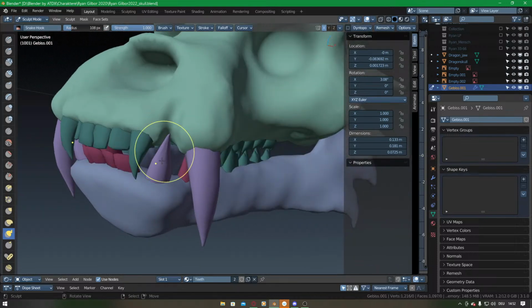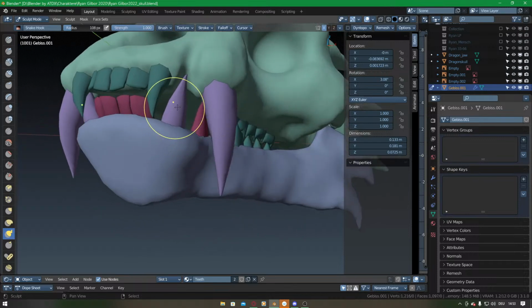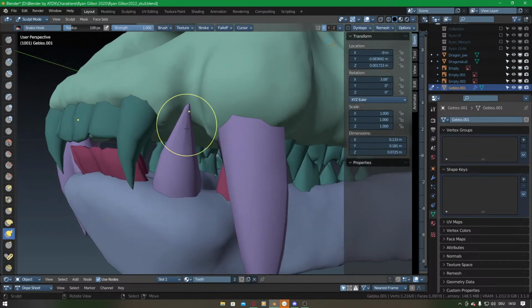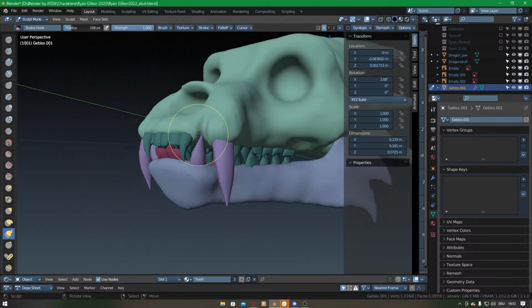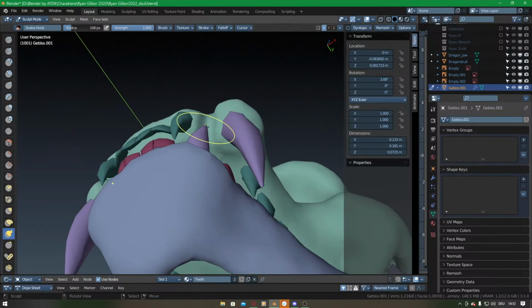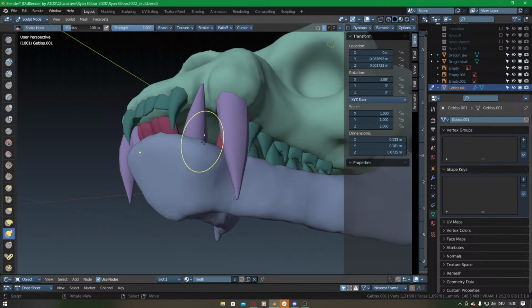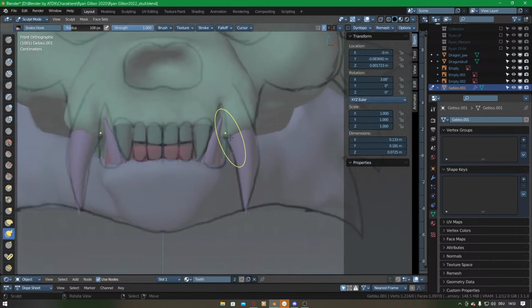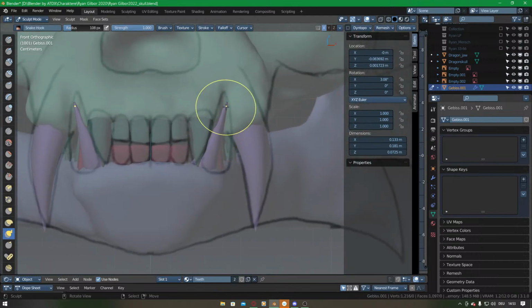Okay, I see that this tooth already fits pretty well. However, I don't like that it is too thin. Yeah, it's too thin, it's not long enough. And let's make it.